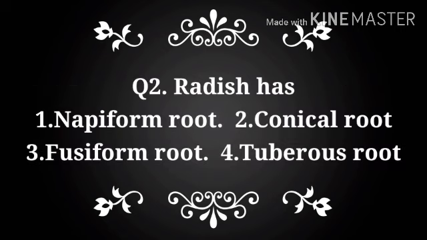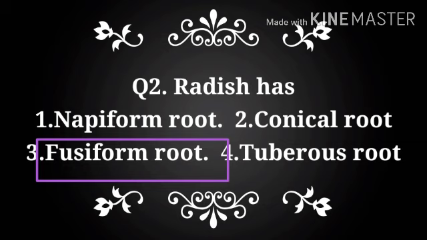Question number 2. Radish has option number 1 napiform root, number 2 conical root, number 3 fusiform root, and number 4 tuberous root. Here the answer is number 3, that is fusiform root.